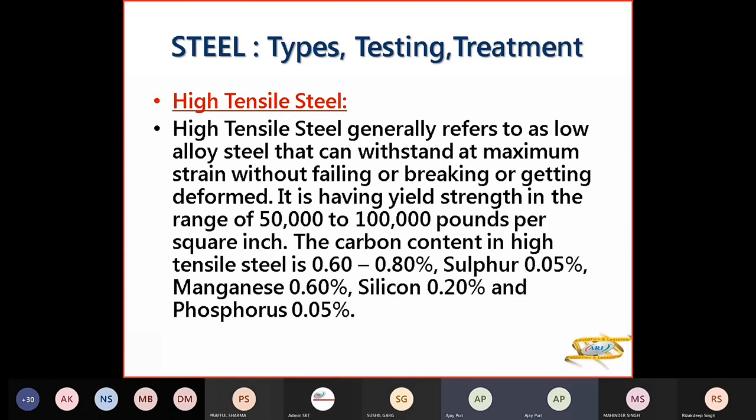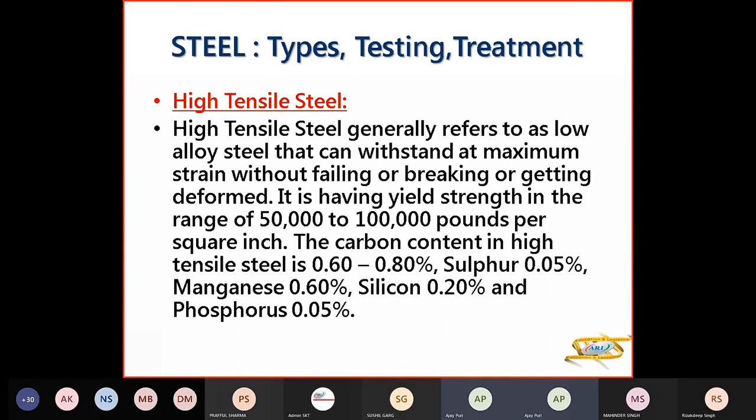So it is a low alloy steel that can withstand maximum strain without failing or breaking or getting deformed. The yield strength is pretty high, that is 50,000 to 1 lakh pounds per square inch. Carbon content is high, which is 0.6 to 0.8.